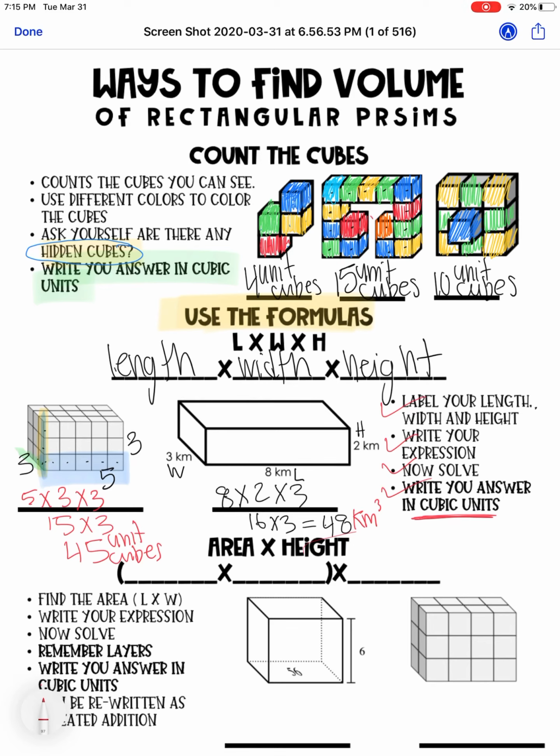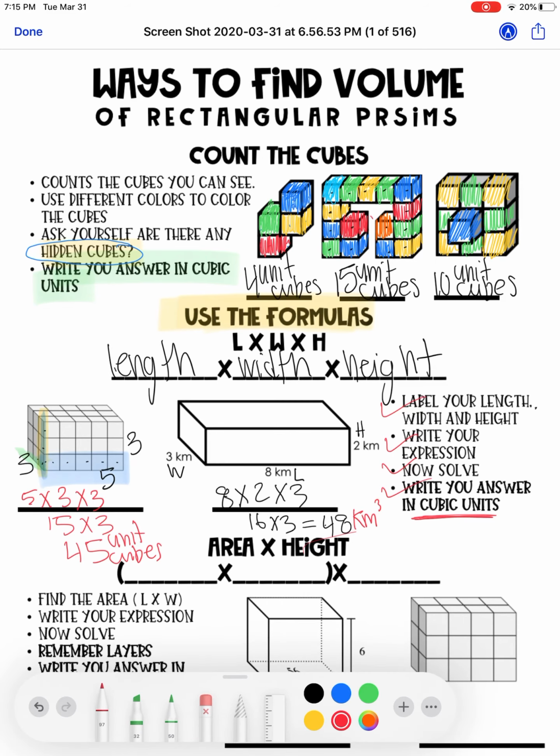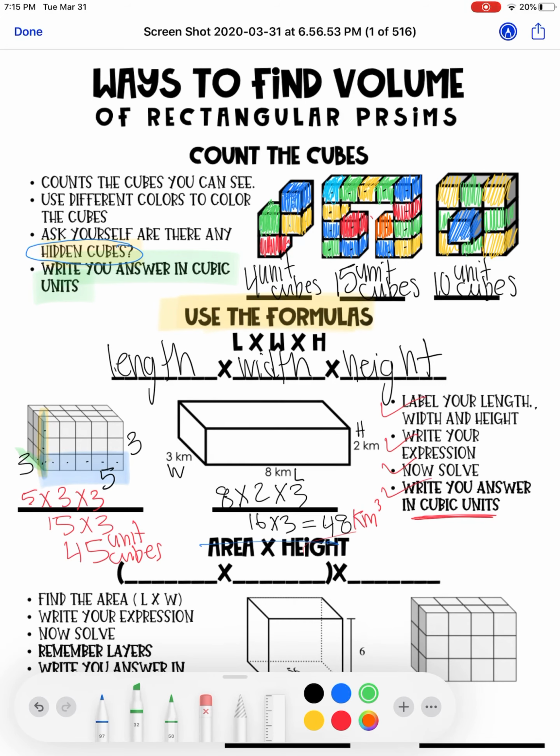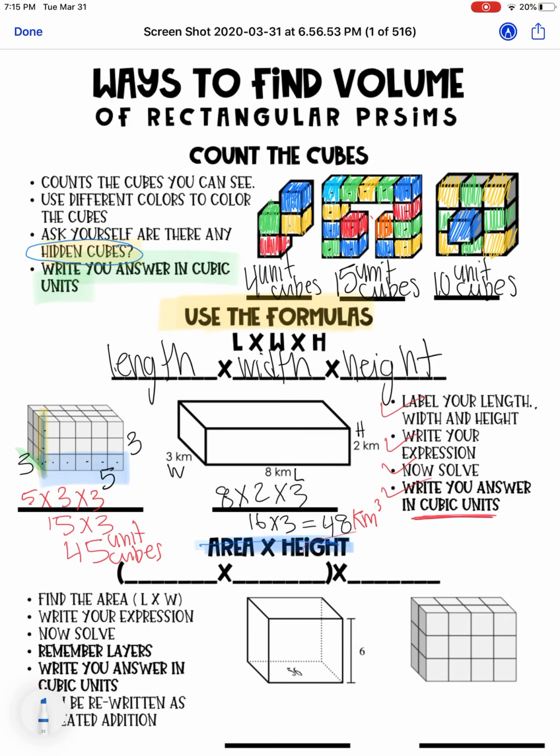Now, another way to find volume, another formula, is area times height. Most of you are familiar with area from 4th grade: area is length times width. So we're going to be looking at the length and the width.